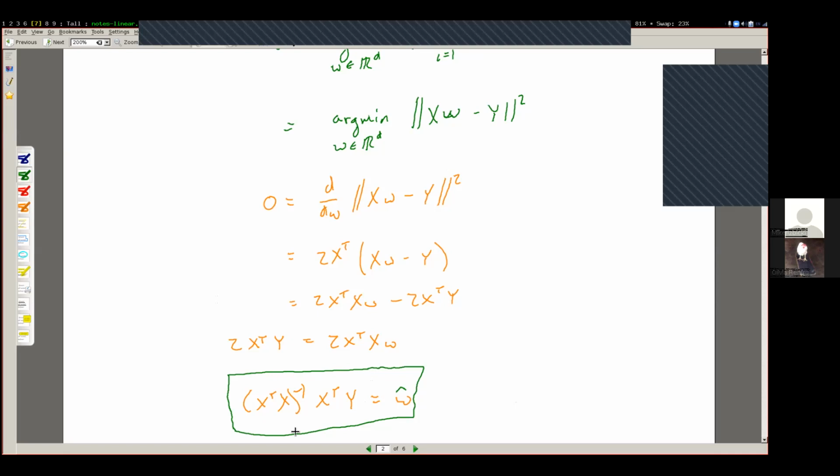This formula down here is also one that we've seen before in this class. I had you calculate the runtime of computing this in our first lecture notes.